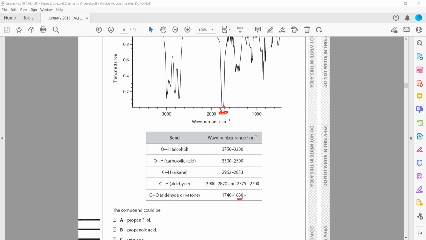This peak is from about 1,680 to 1,700, so it is about within the range. So it is either an aldehyde or a ketone. Then we have to confirm whether it's an aldehyde.